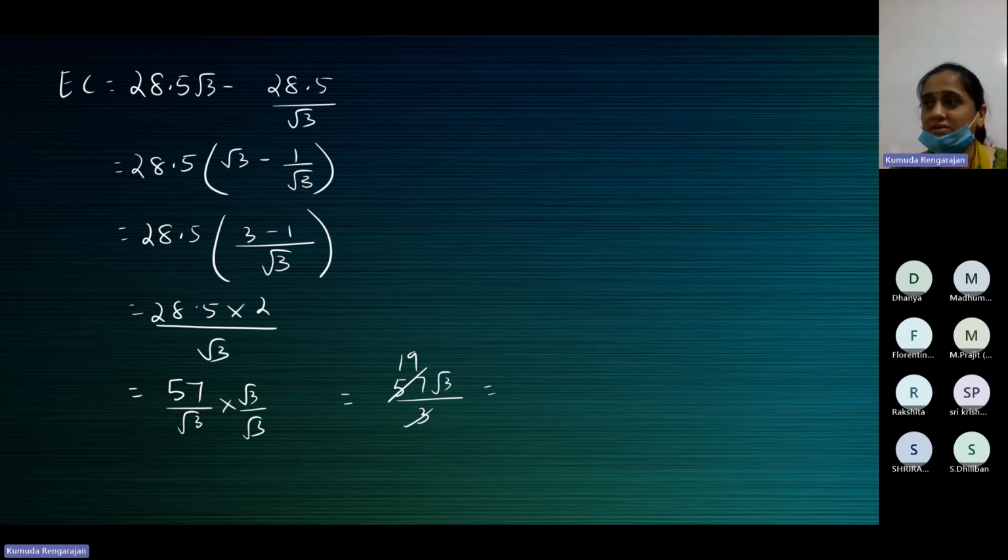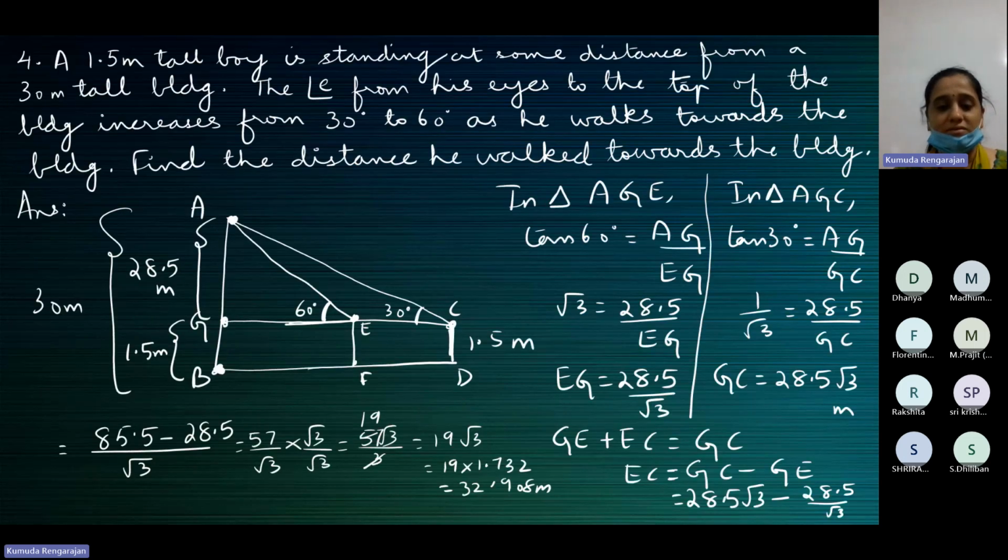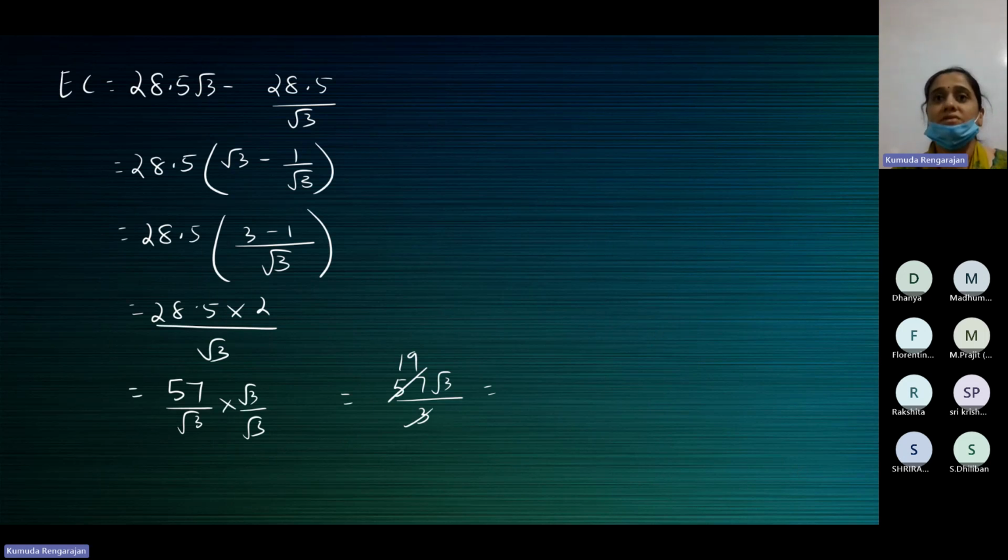Just circle it, I'll see it later. Yeah, so 19 root 3, which is again now 19 into 1.73, 32.908. Yes, yes, you want to ask something? Raghavi?